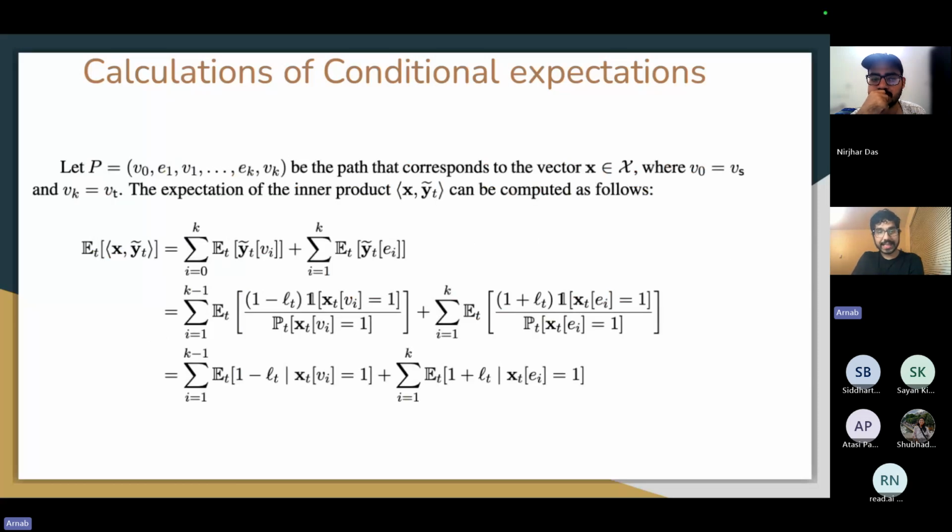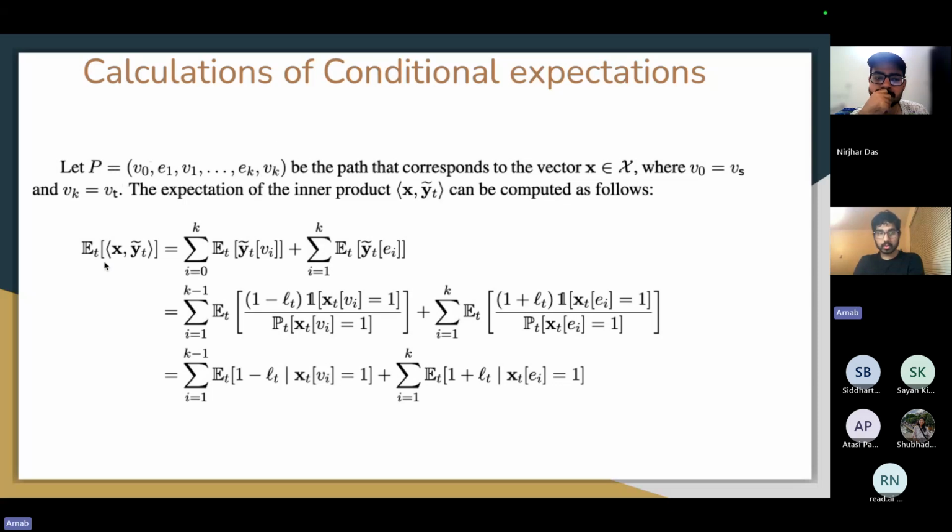So I'll just finish the calculations pretty quickly. Very straightforward from here. Consider the path V0, E1, V1 up to EK, VK. So there are K edges in the path, where V0 is the source node and VK is the sink node.